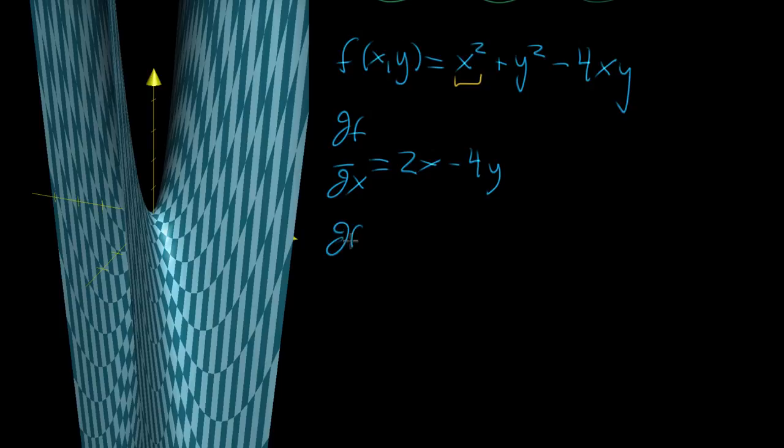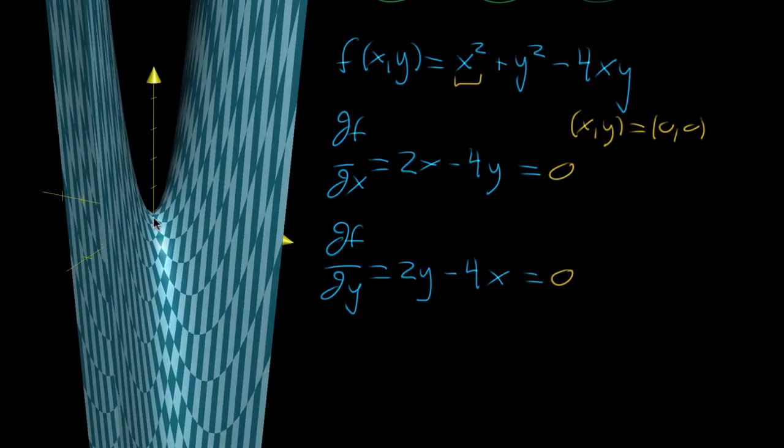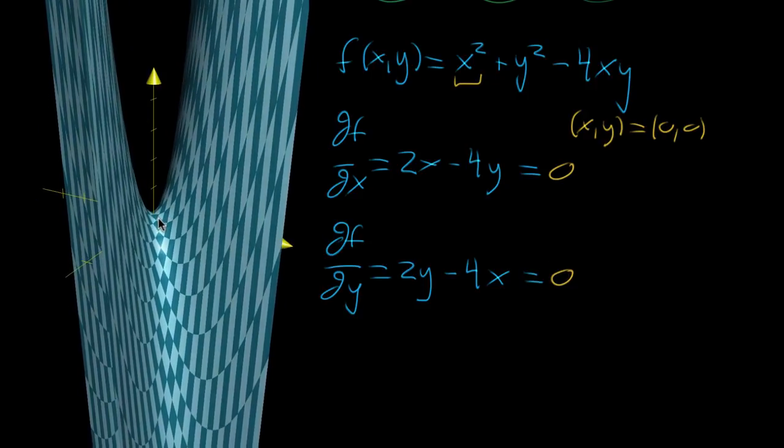And when we do the partial derivative with respect to y, very similarly, we're going to get 2y when we differentiate y squared, and now we subtract 4x, because x looks like the constant and y looks like the variable, minus 4x. Now when we plug in x and y each equal to 0, the origin point, into both of these functions, we see that they're equal to 0, because x is 0, y is 0, this goes to 0. Similarly over here, that goes to 0. So we will indeed get a flat tangent plane at the origin.